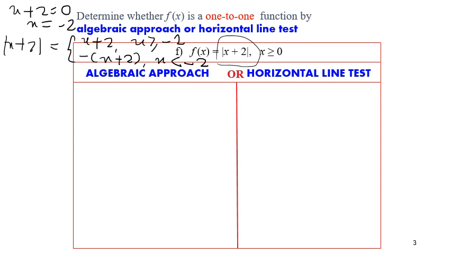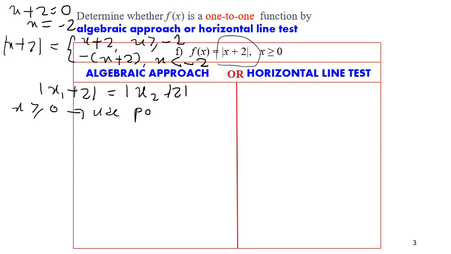So in the first step, we write as usual, that is on the left side, modulus of x1 plus 2 equals the absolute value of x2 plus 2. And then, since x is greater than or equal to 0, we will use the positive definition only.